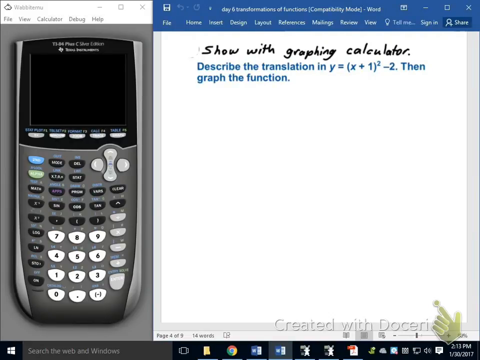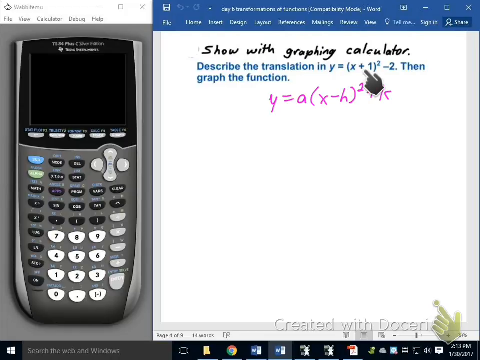Now, to do that, I'm going to actually be thinking about vertex form. Y equals a times (x minus h) squared plus k. And see that the value of a here is just a 1 in this problem, meaning that's actually not been changed on this problem. It's not been reflected because it's not negative, so I don't have to deal with that kind of nonsense.